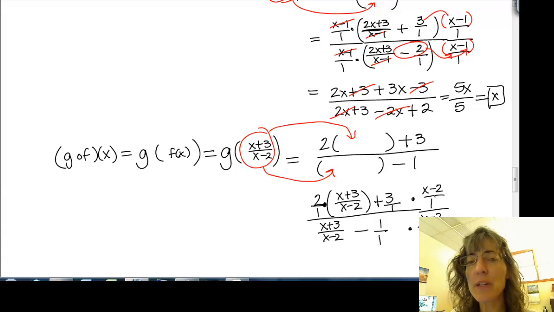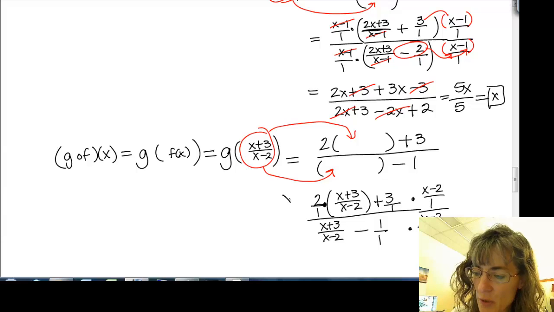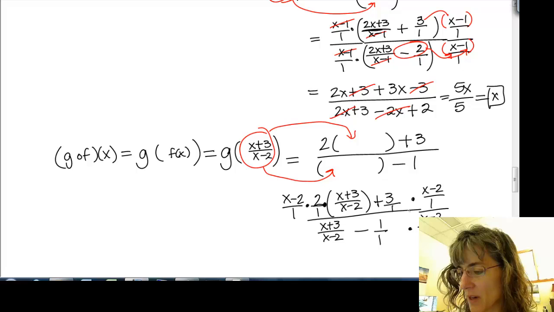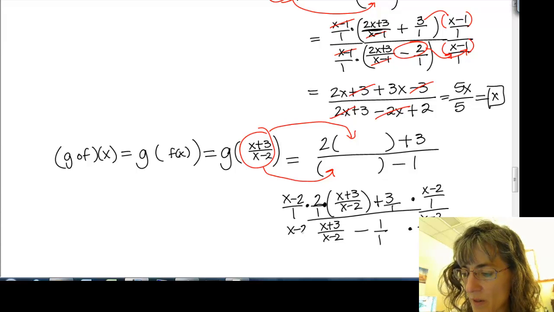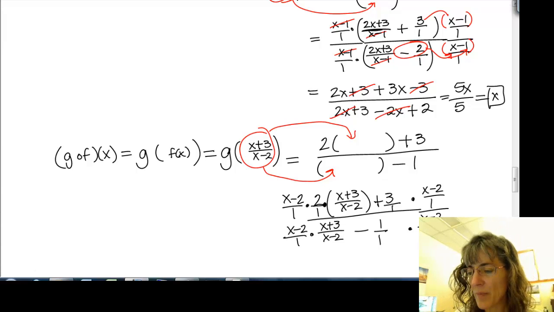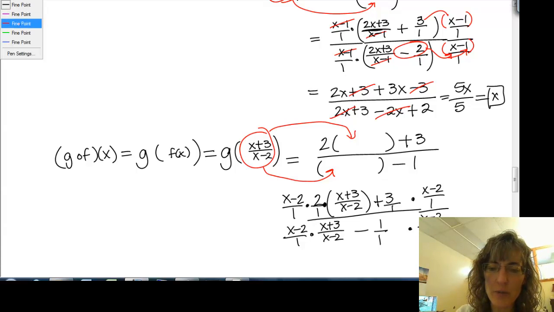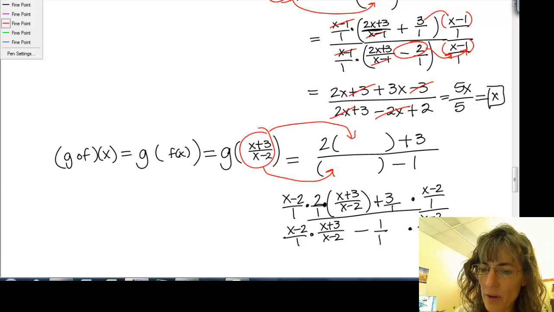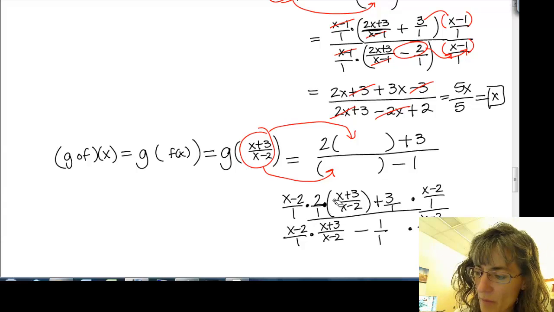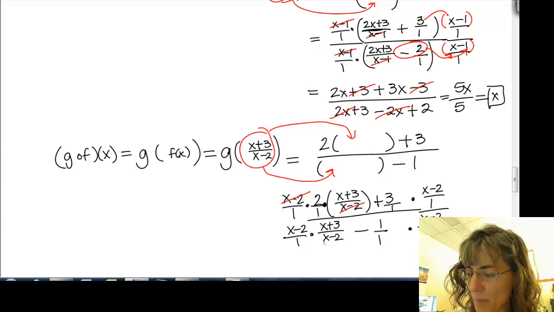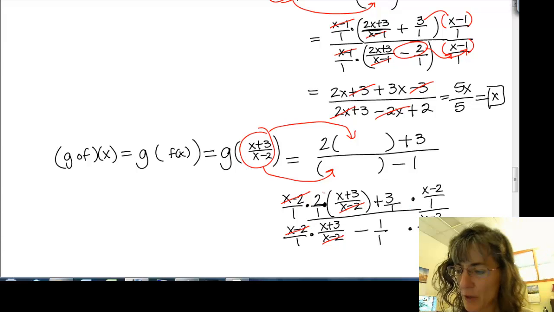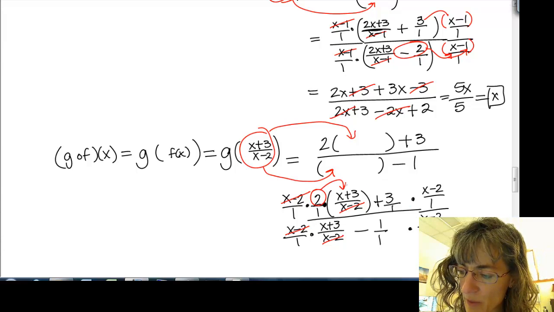And remember, I have to distribute. Every term in the numerator needs to get an x minus 2 multiplied by it. So this term here on the left, x minus 2 over 1 times there, and this one here as well. And then I can start looking at reducing. So here my x minus 2s go, and here my x minus 2s go, and everything else I'm just going to have to multiply out.